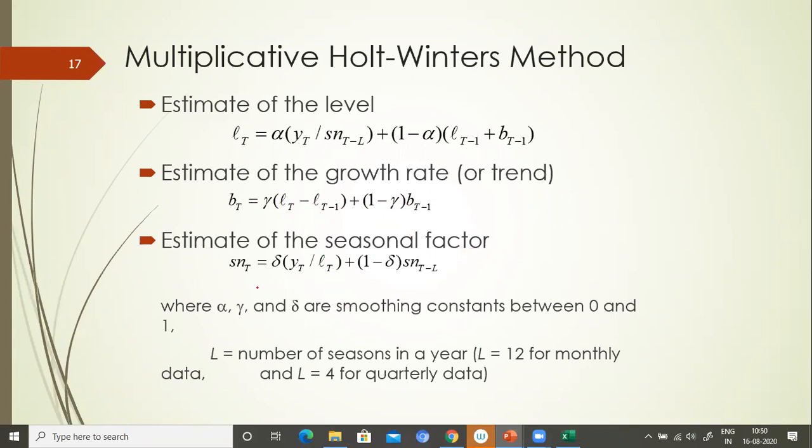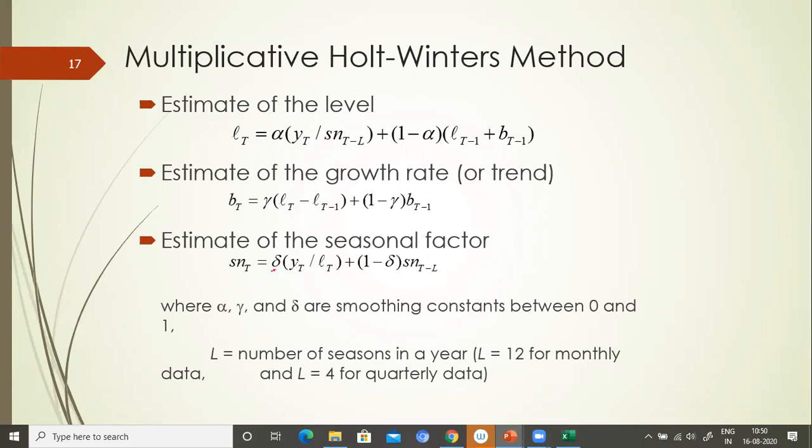The estimate of the seasonal factor is the smoothing constant delta multiplied by the deseasonalized data point here, plus 1 minus the smoothing constant delta multiplied by the previous level. So you can see over here also the basic nature of the equation continues to be the same.